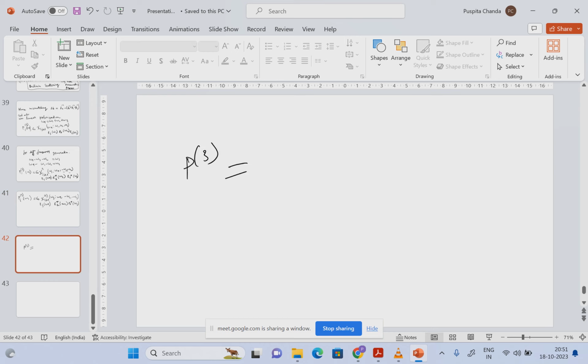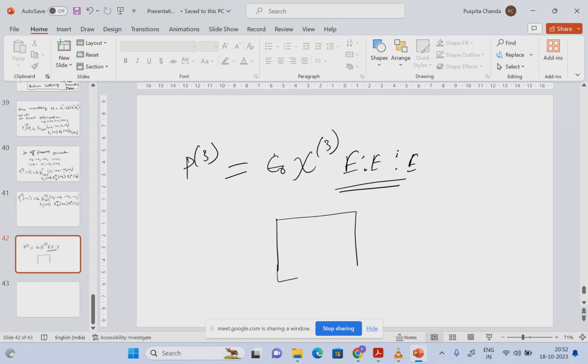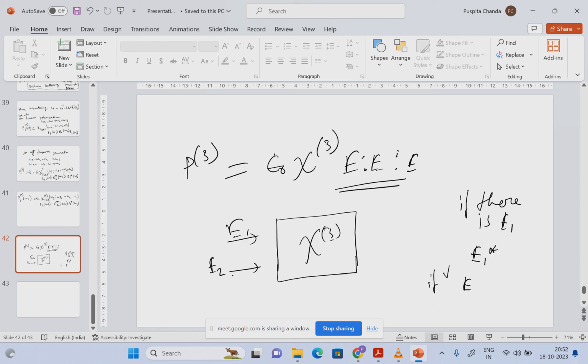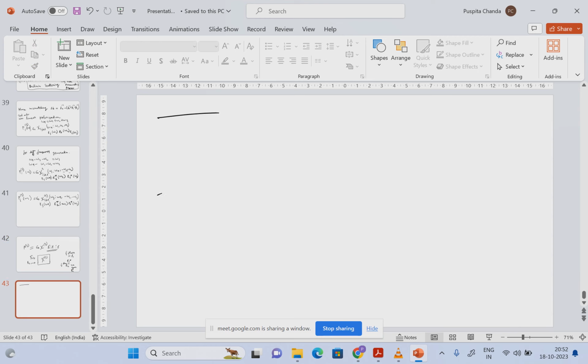You can see that P3 is chi 3 E E E. So let us suppose a material: E1 has been fed, E2 is also there, and if we have E2 conjugate also, because let's understand omega 1, omega 2 and omega 3 add up and give you omega 4.